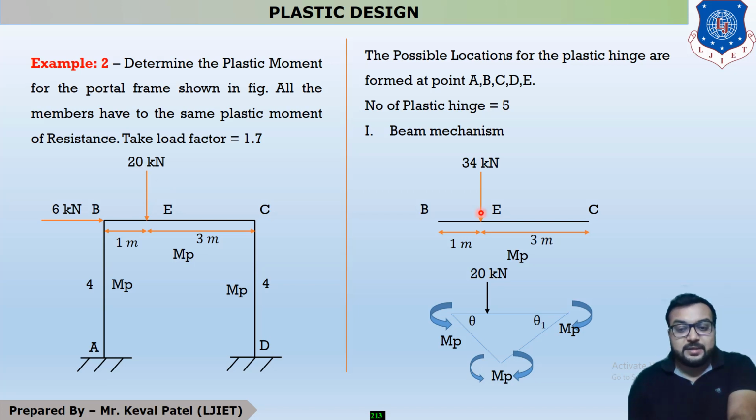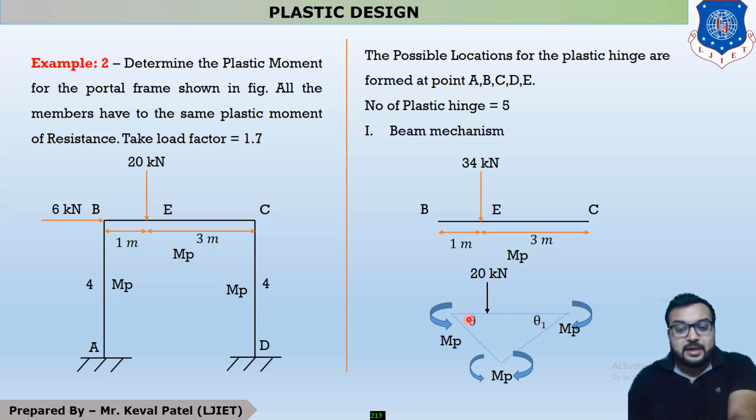The left distance is 1 meter and the right distance is 3 meter. It means this load is not acting exactly at the center. If the distance is different, then the angle is also different. So this is theta and this is theta 1.